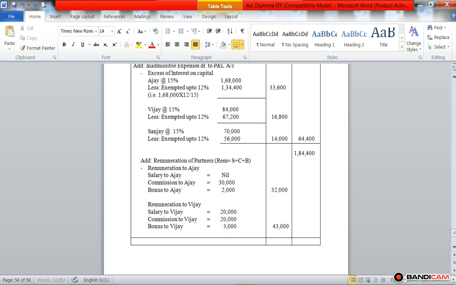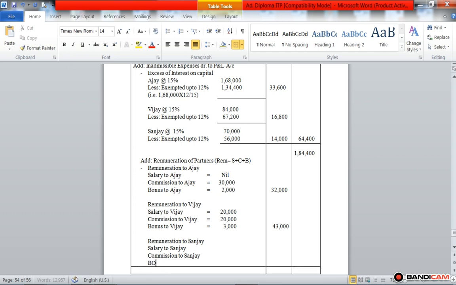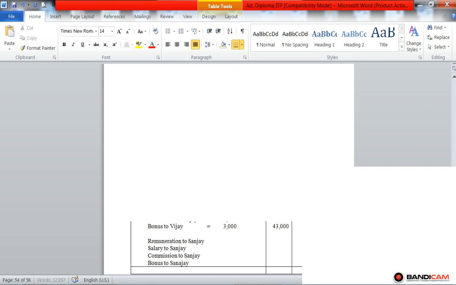Then remuneration to Sanjay. So salary to Sanjay plus commission to Sanjay plus bonus to Sanjay.